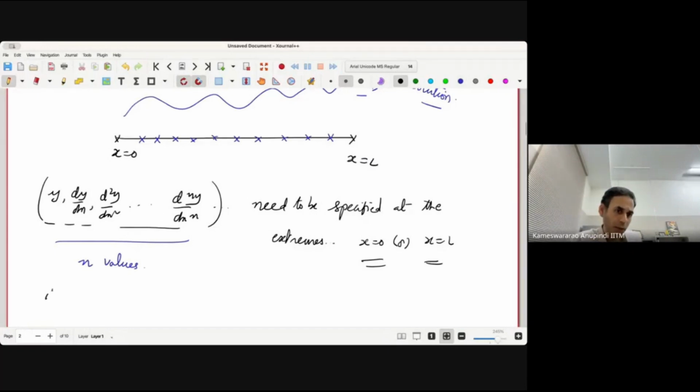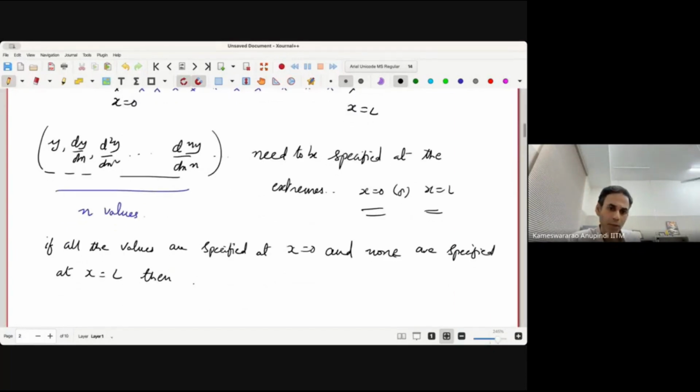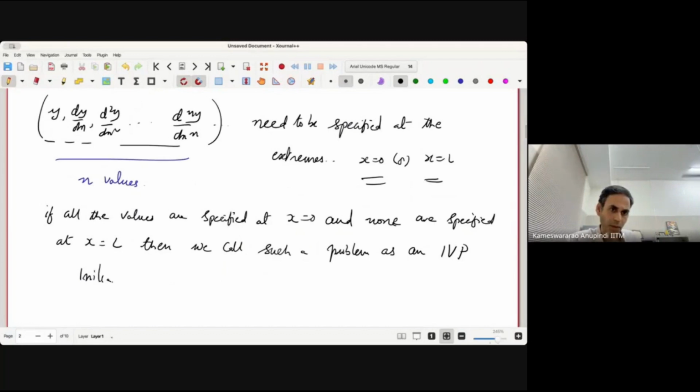If all the values are specified at x equal to 0 and none are specified at x equal to L, then we call such a problem an initial value problem.